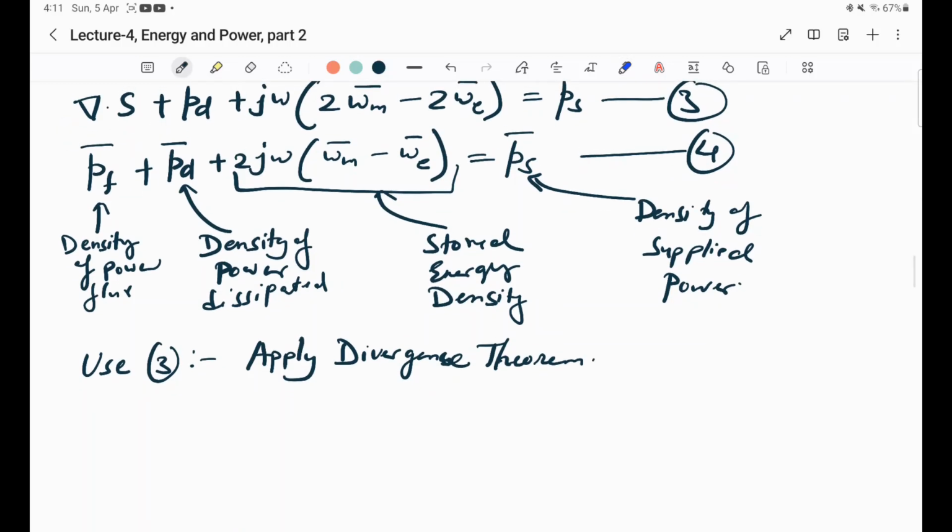So what I will do is I will do volume integration on both sides, and then I will apply the divergence theorem.